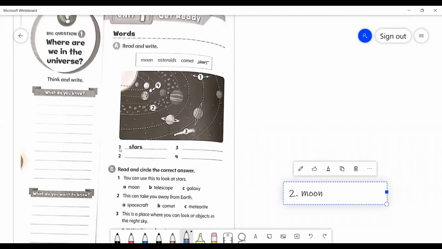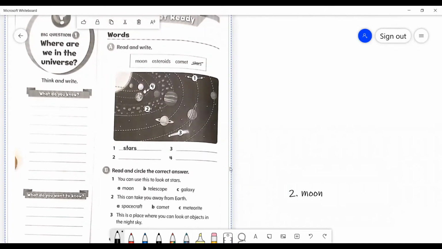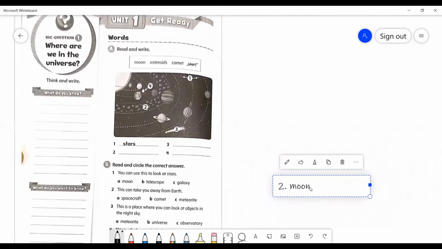Number 1 is given. Number 2, we will write moon. Number 3, you have to write comet.